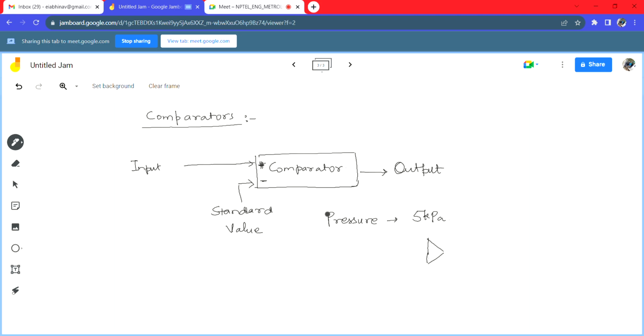Let us suppose this is our comparator and it is giving a value of 5 kilopascal here. The standard that we use to compare it is giving a value of, say, 5.1 kilopascals. Now the difference here is 0.1 kilopascal. Should it be plus, should it be minus? This depends on how we address the input.